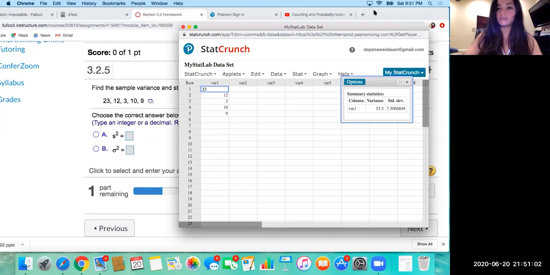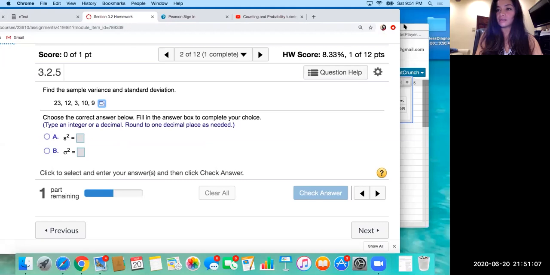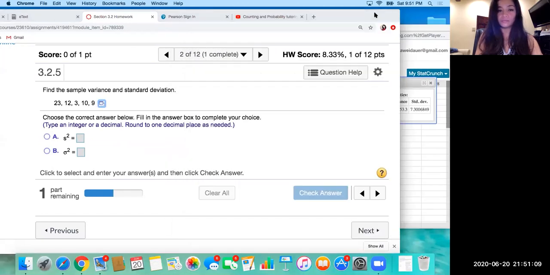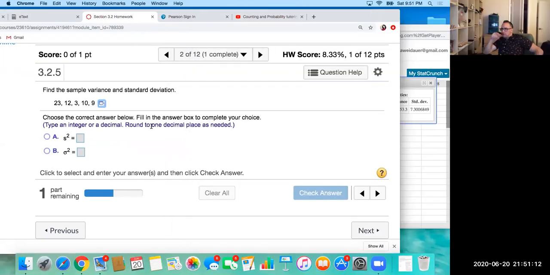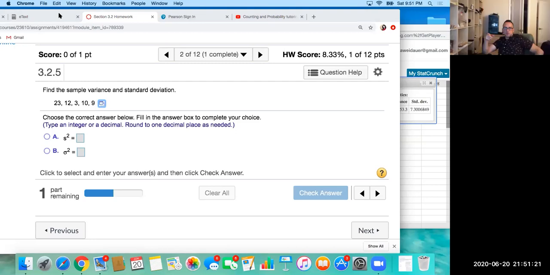Notice that it says S squared and sigma squared. What's the deal with that? S squared stands for the sample, and sigma squared stands for the population. Both of those are the variance. S squared stands for the sample variance, and sigma squared stands for the population variance.